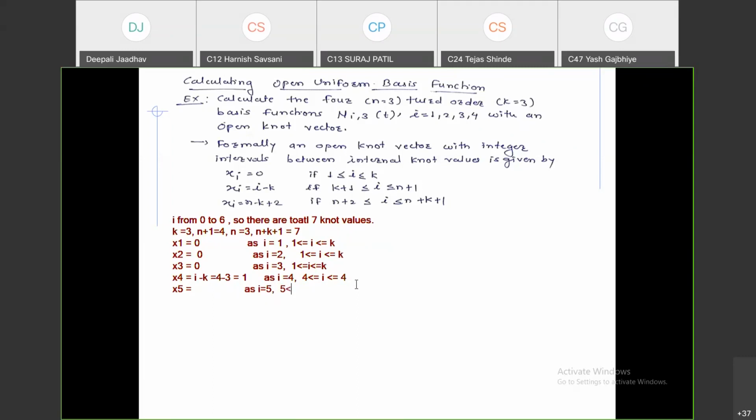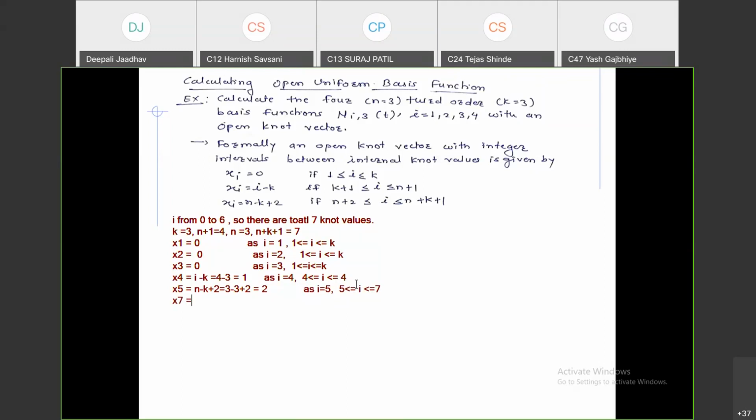So i is greater than or equal to 5 and less than or equal to n plus k plus 1, which is 7. Yes, it satisfies this condition. So the value of x5 is given by the equation n minus k plus 2, that is 3 minus 3 plus 2. So its value is 2. So x5 is equal to 2. Similarly, we calculate x7.